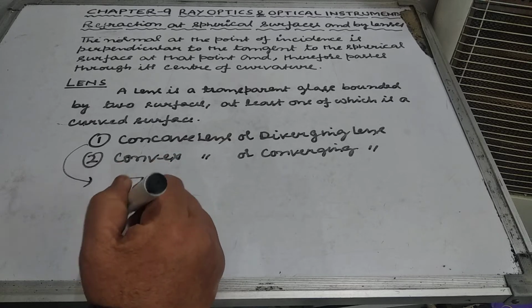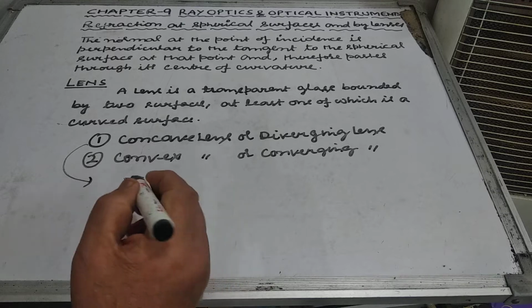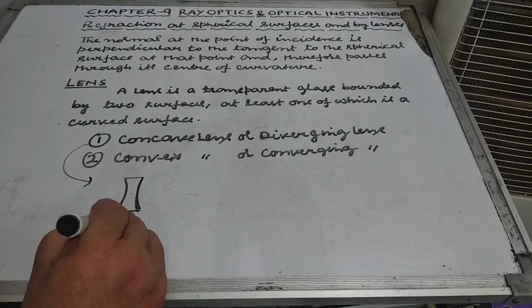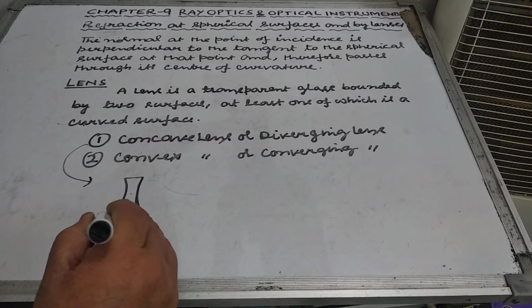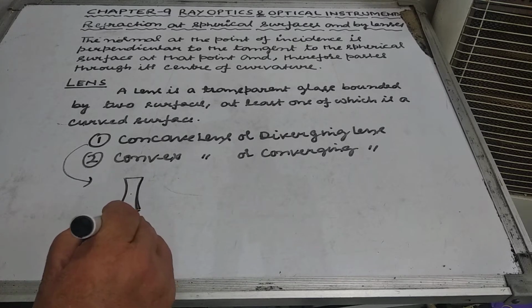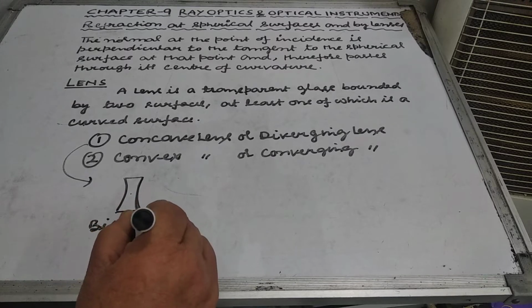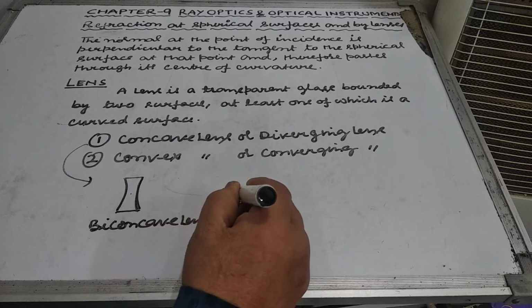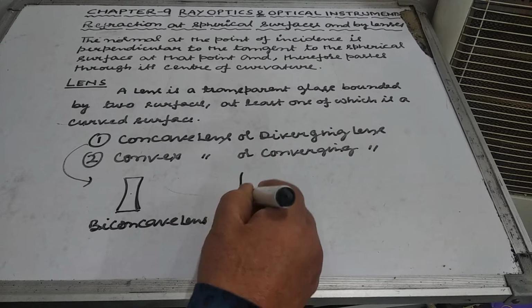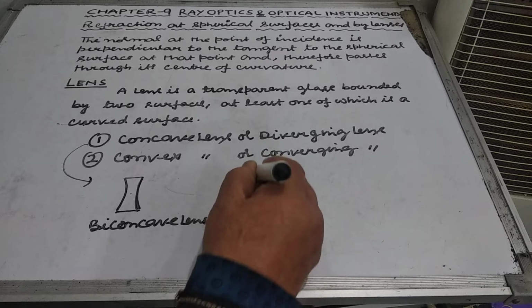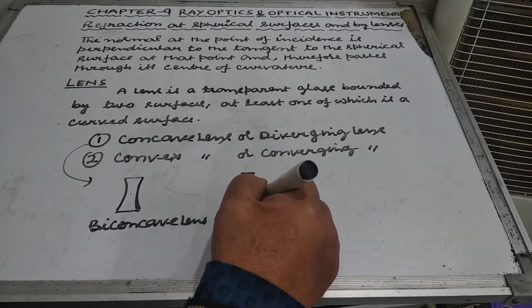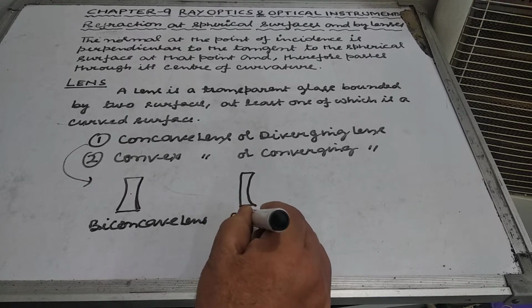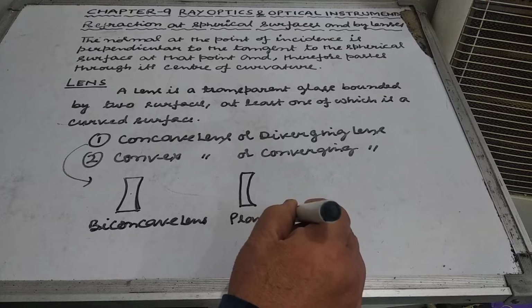There are different types of concave lens. This is a biconcave lens. The other type is the plano concave lens.